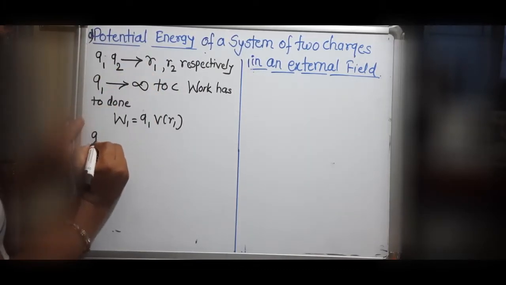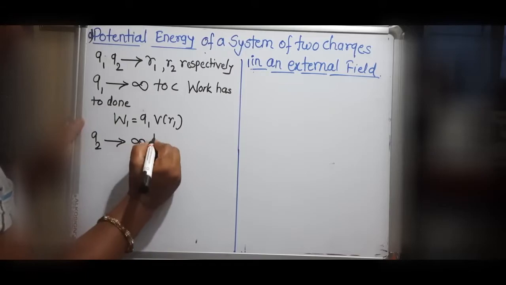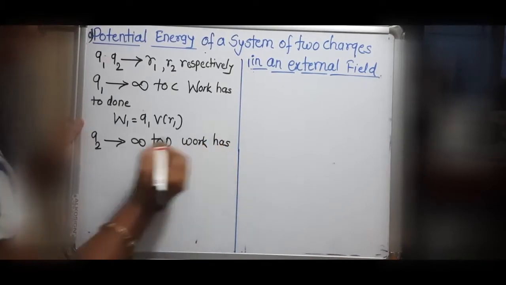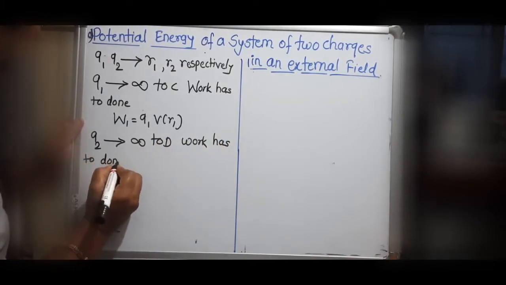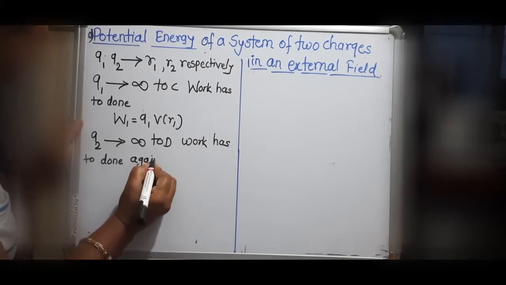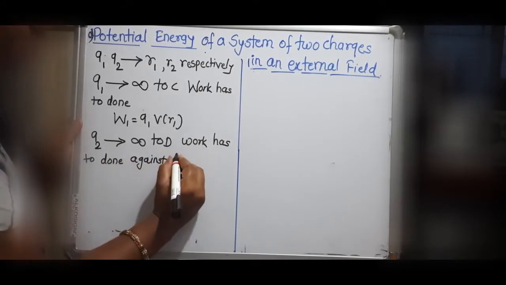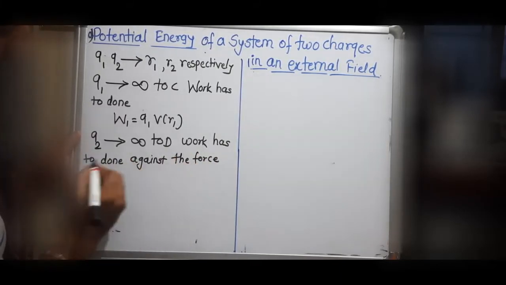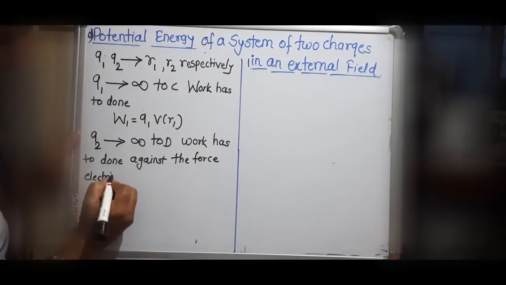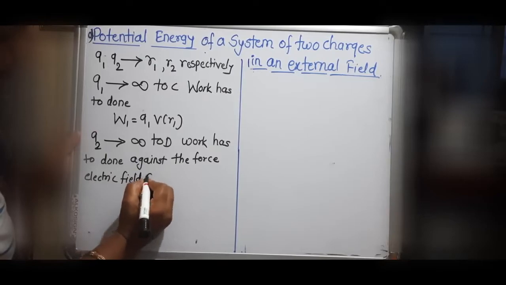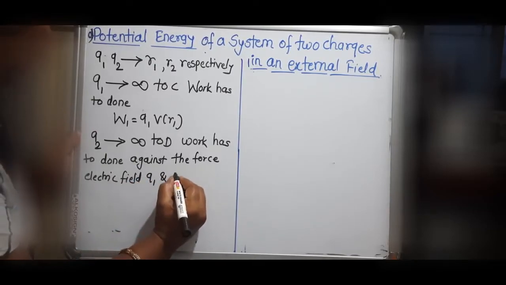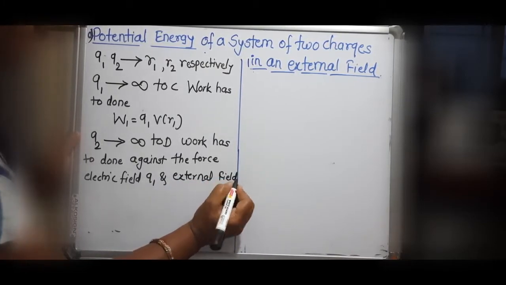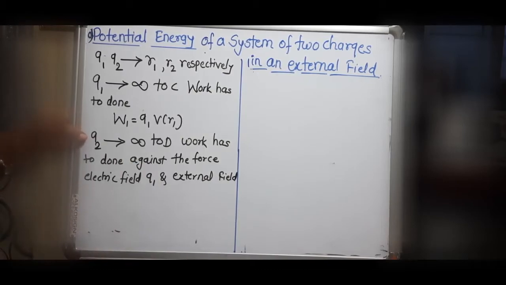Then the next charge Q2 is brought from infinity to point D. Work has to be done against the force of the electric field. There are two forces acting on Q2.